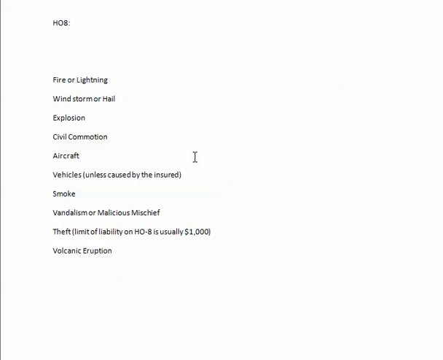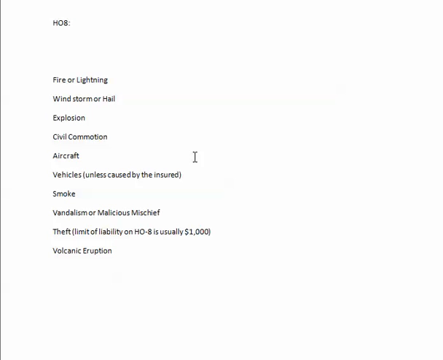Generally speaking, an HO8 policy covers everything included in an HO3 policy, while your contents are covered from everything included in an HO1 policy. The HO8 policy is a named perils home insurance policy.